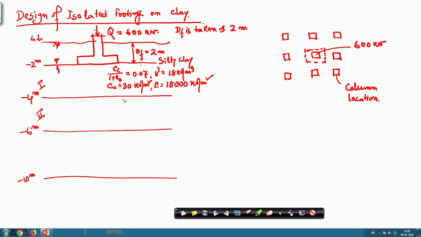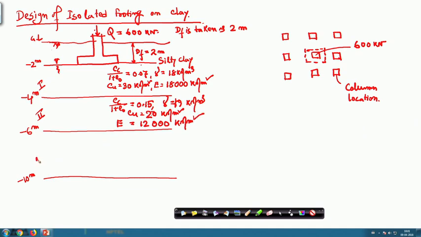For layer 2, again Cc/(1+e0) is 0.15, the unit weight of the soil is 19 kilonewton per meter cube, the Cu value is 20 kilonewton per meter square, and the E value is given as 12,000 kilonewton per meter square.